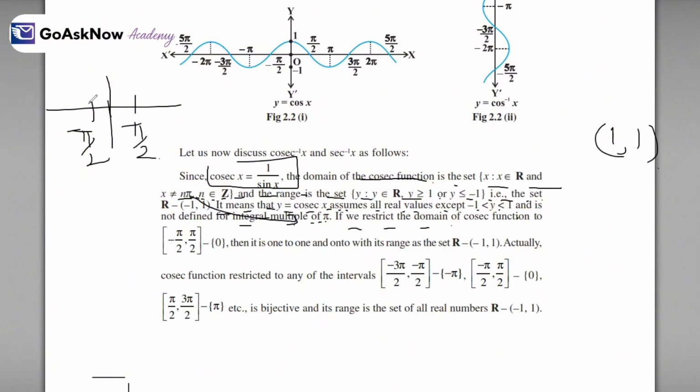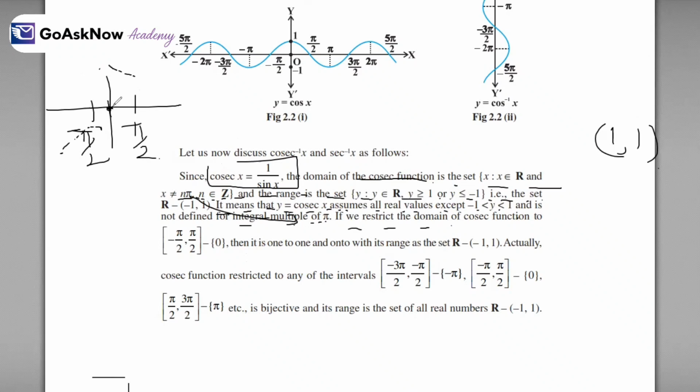If you draw the graph of this, it will look like this here, and here it will look like this.